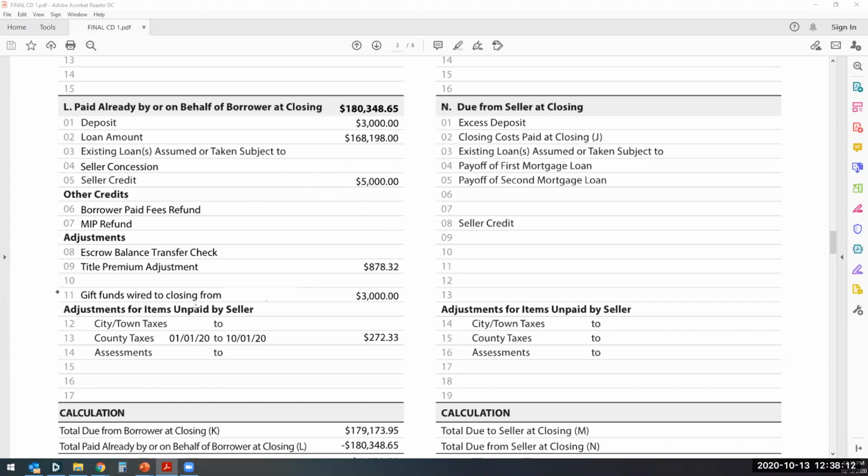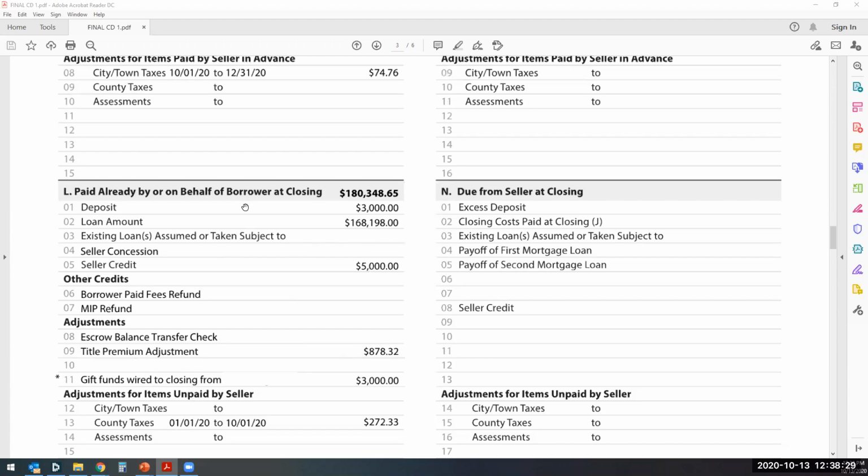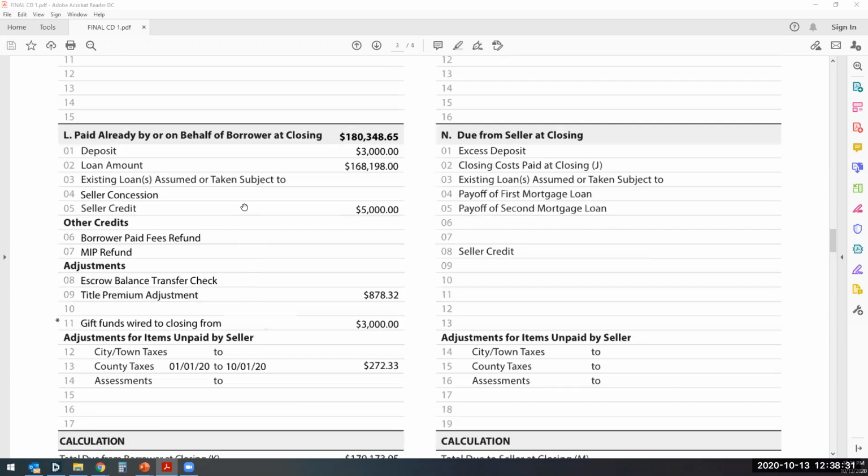If there are gift funds, or the taxes, the credits, because I of course want my buyer to pay as little as possible. So I want to make sure that all the credits are in there. So it's very important to go to page 3 and look at the credits.